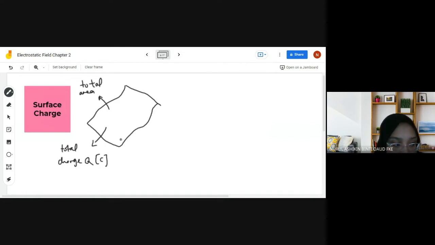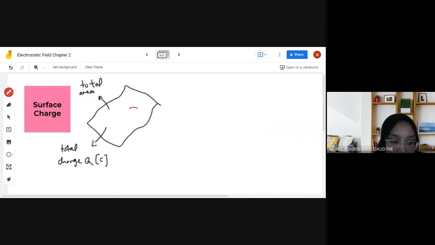Same as before, in order to deal with this kind of charge, we need to take a small sample to calculate the surface.